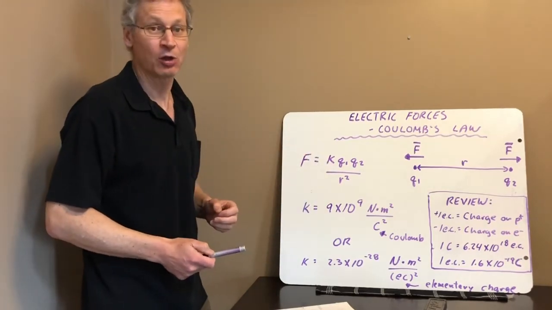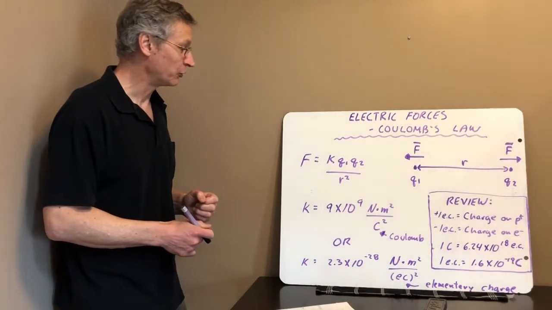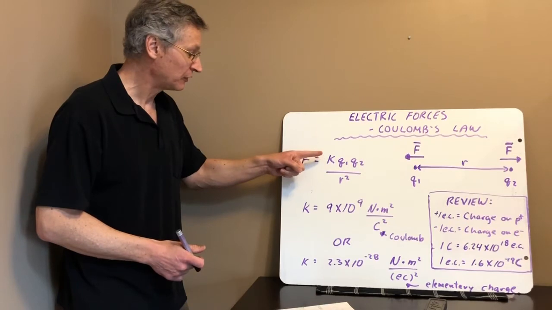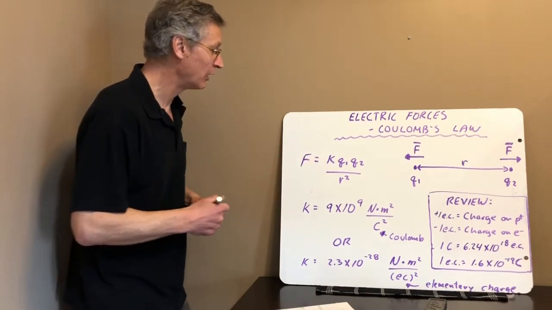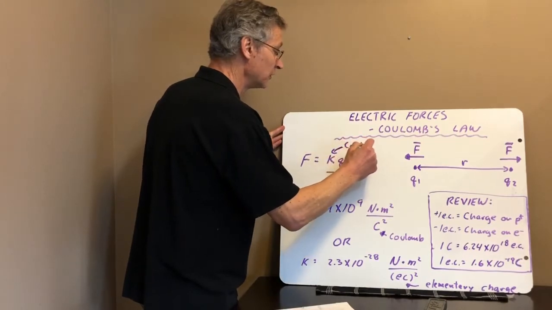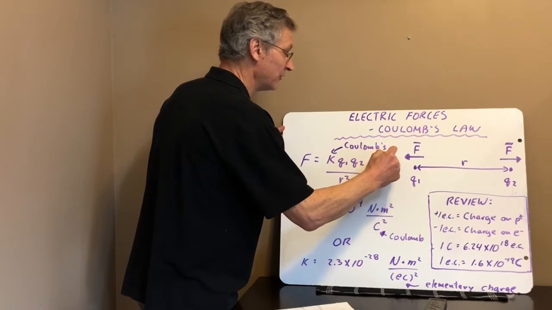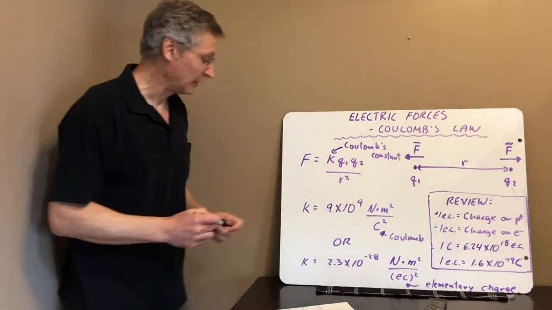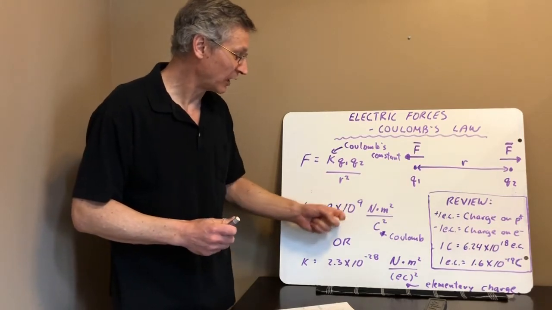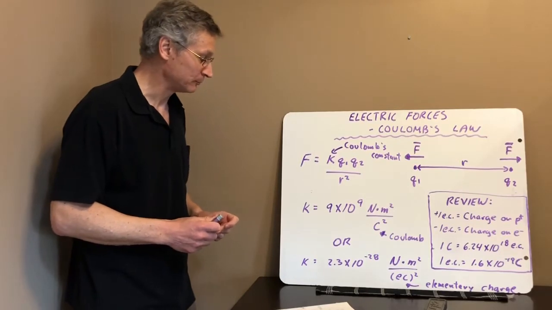That's basically the law of universal gravitation with a few letters changed around. Now, how about this K? That is called Coulomb's constant. If you look it up in a book, you'll find that K is equal to 9 times 10 to the 9th Newton meters squared per Coulomb squared.